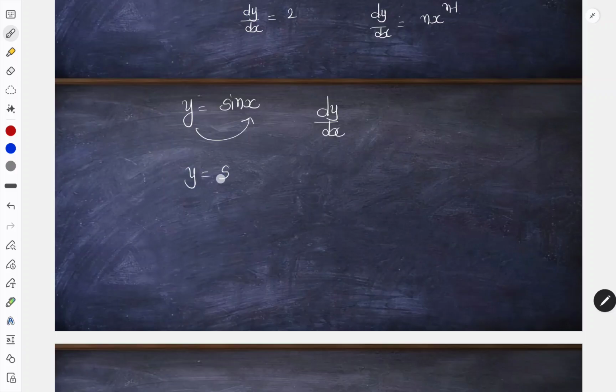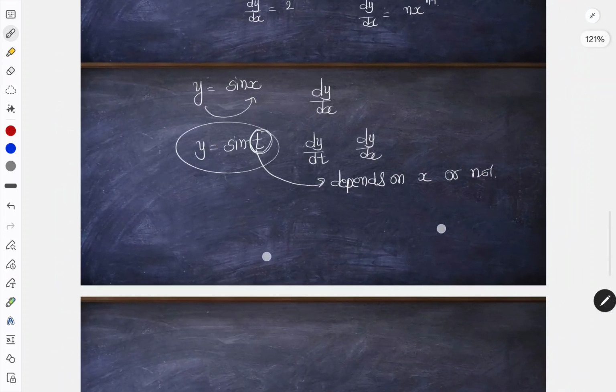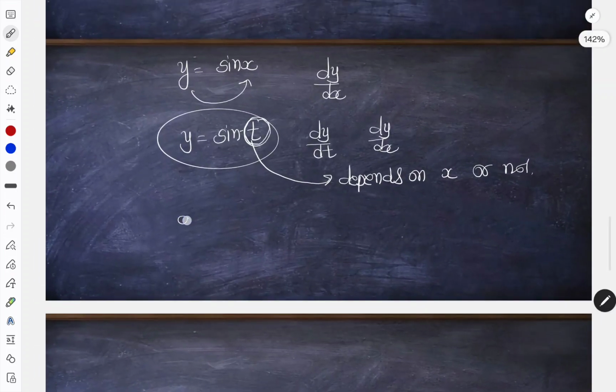Now let's say y is equal to sine t. You can find dy by dt, but if I ask you what is dy by dx, here is a trouble. We need to ensure whether t depends on x or not.